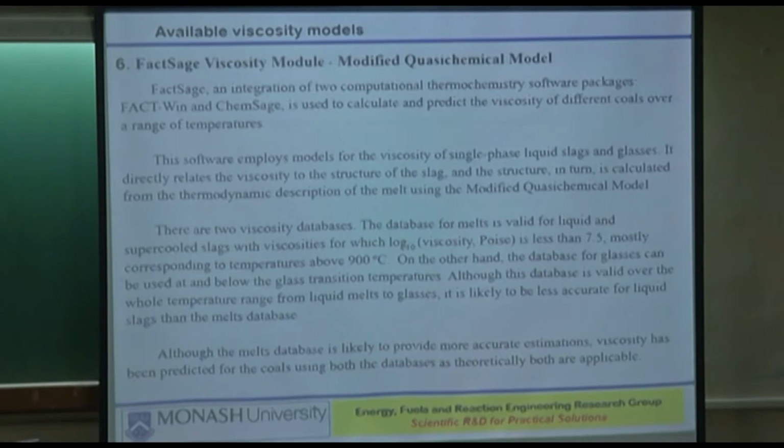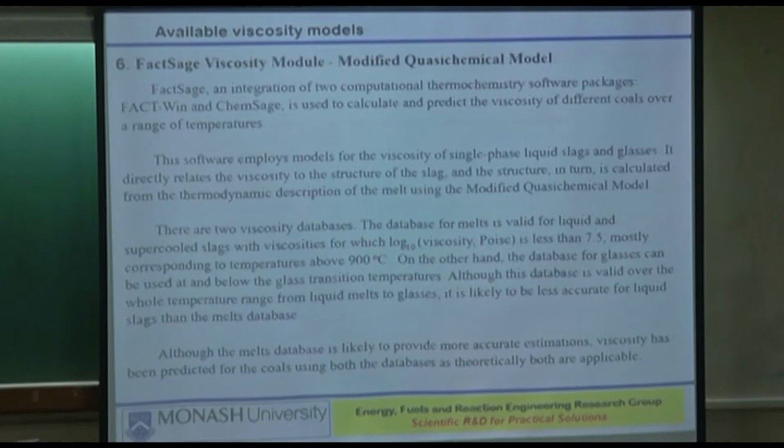I have given a little bit of description here. It is an integration of two computational thermochemistry software packages, FactWin and ChemSage. Part of it is a viscosity module, but it is enormous in its capability, this particular one, and that's why it is so expensive as well.